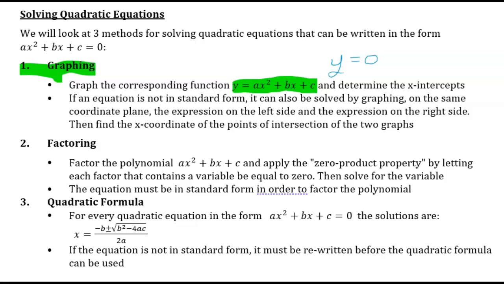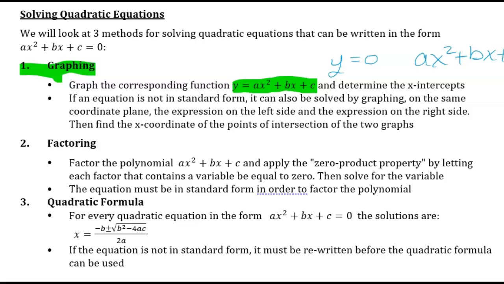So quite often these expressions are written as ax squared plus bx plus c equals 0, and that equals 0 asks what x values give a y value of 0. We can do that with the worksheet.